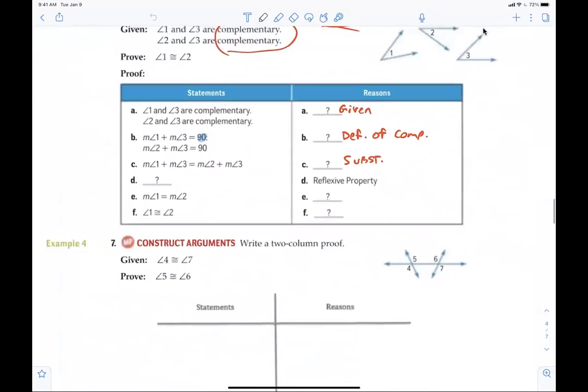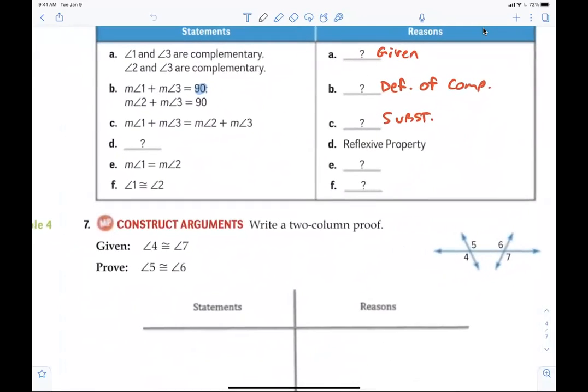Okay, thank you. Let's go ahead. We got down to substitution here. Now the measure of angle 1 plus the measure of angle 3, we did that as a substitution.